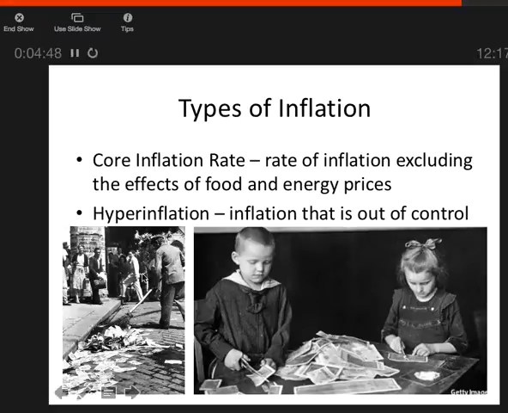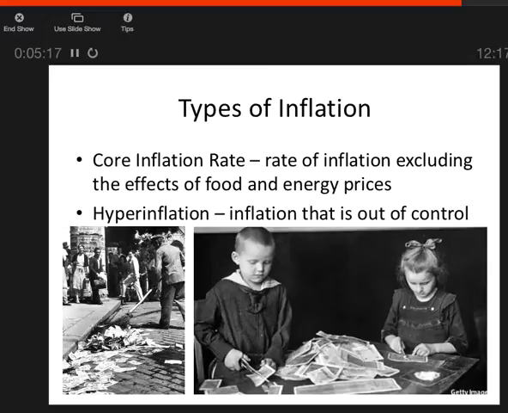I don't know if you can figure out which country this was after World War I, but this nation had extreme hyperinflation. It was so bad that you would have to get paid twice a day from your work, because by the end of the day, what you had been paid had already been significantly affected by the inflation rate.